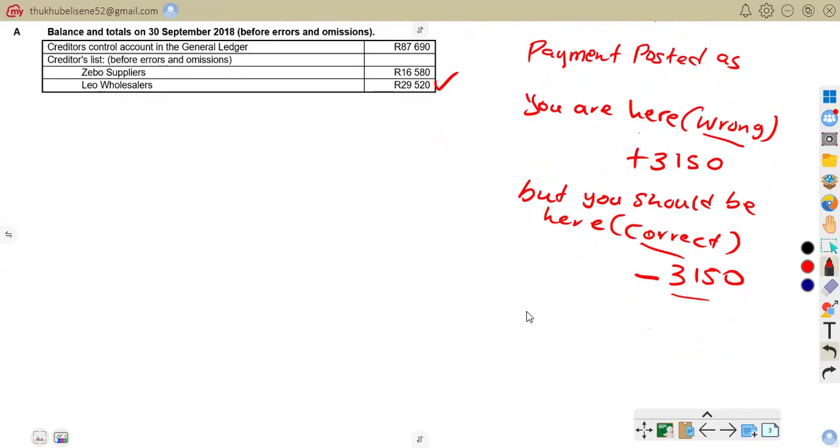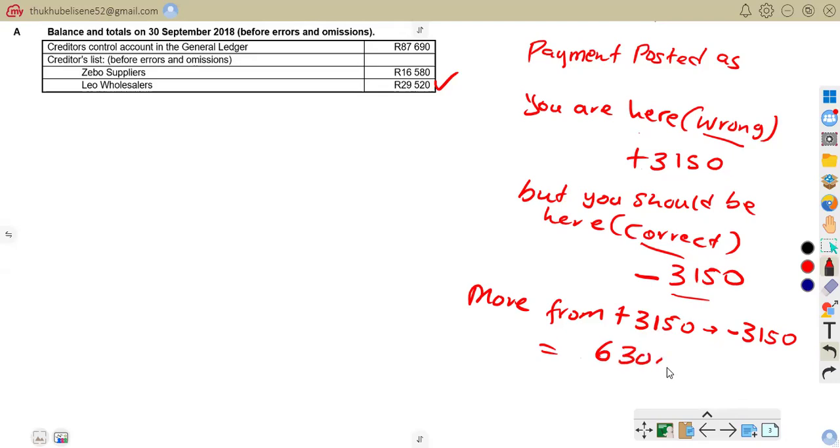So what must we do now? What you're supposed to do is to move from plus 3,150 to minus 3,150. So when you add this, you're going to get that movement is what? 6,300, which is 6,300 minus 6,300.